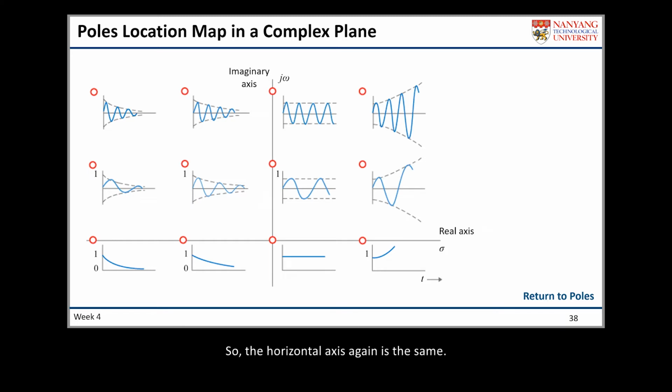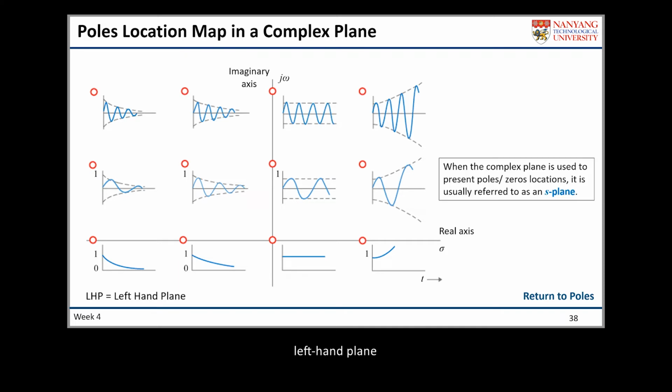The horizontal axis again is the same S-plane: the horizontal axis is the real part of your pole, and the vertical one is the imaginary axis. The area on the left side of the imaginary axis, I will call the left hand plane, and the area on the right of the imaginary axis is the right hand plane.